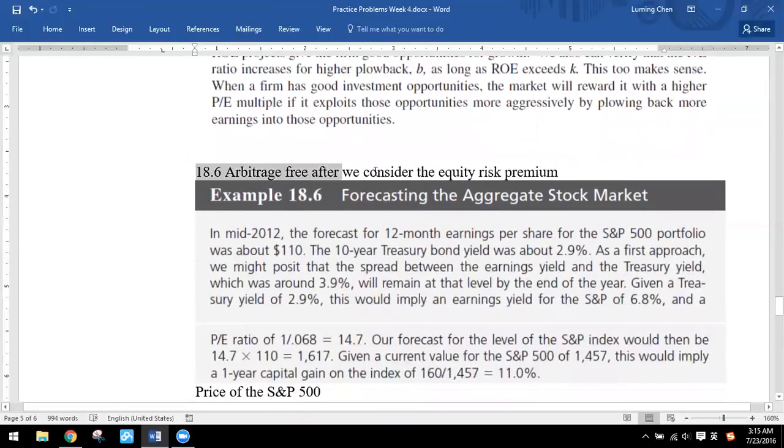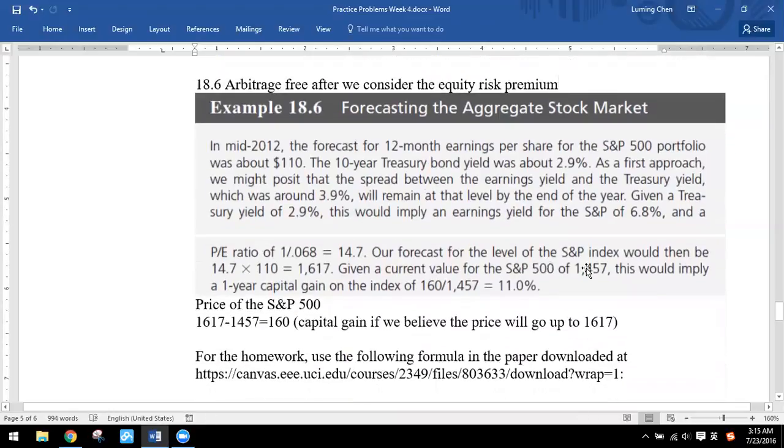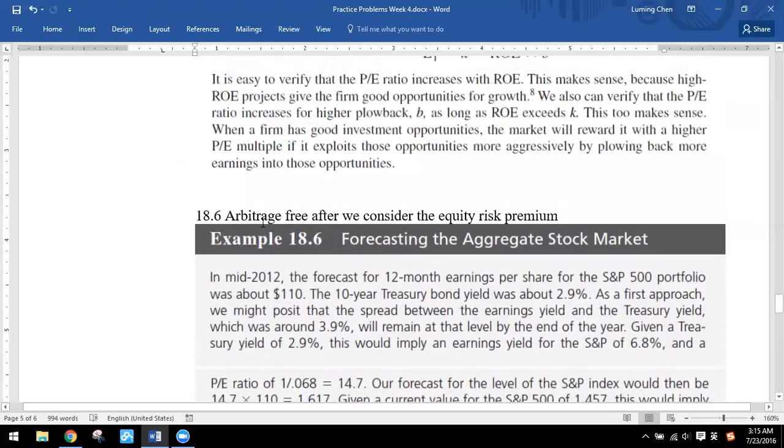So in the next example, we will do valuation for the S&P 500. In mid-2012, the forecast for 12-month earnings per share for the S&P 500 portfolio was about $110.